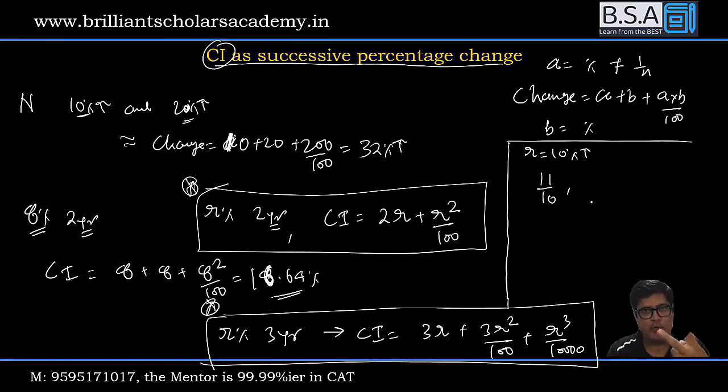If it is 2 years, we multiply 11 square, 121 upon 100. If it is 3 years, we multiply 11 cube upon 10 cube, that is 1331 upon 1000.